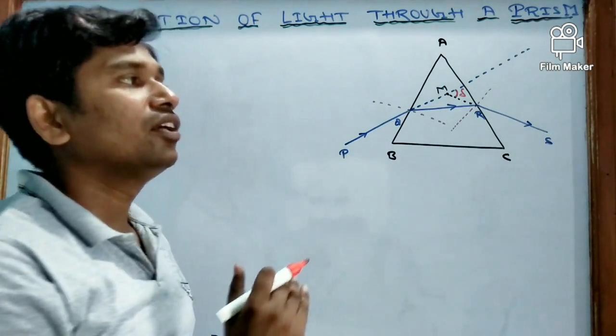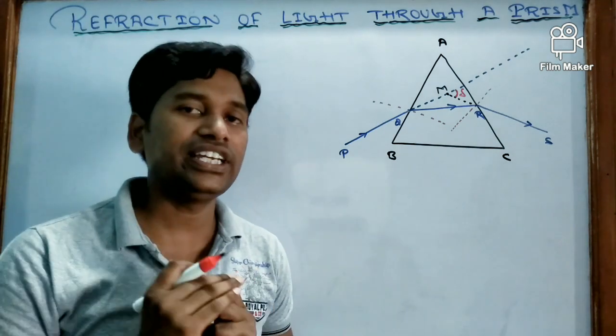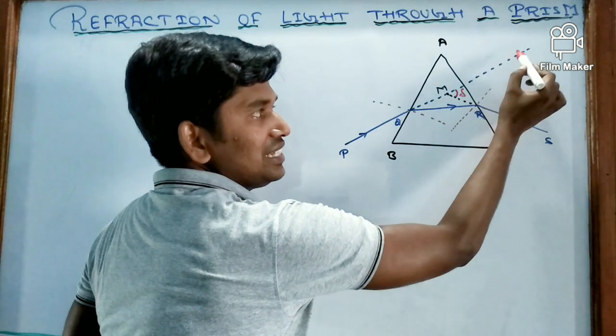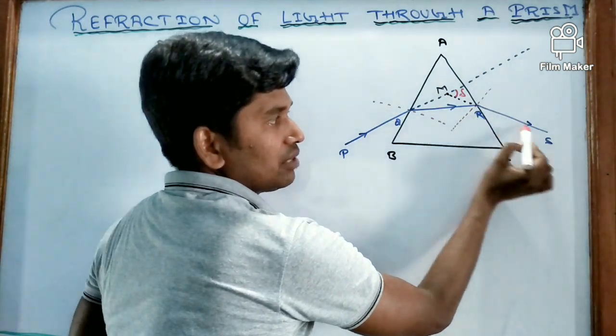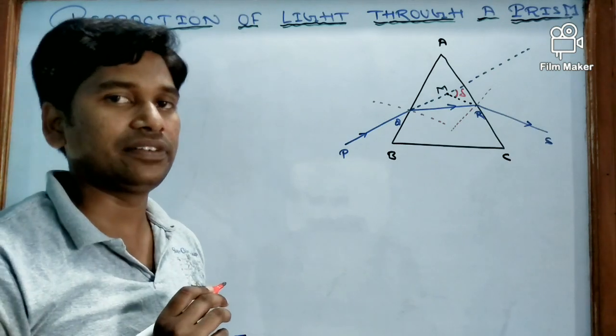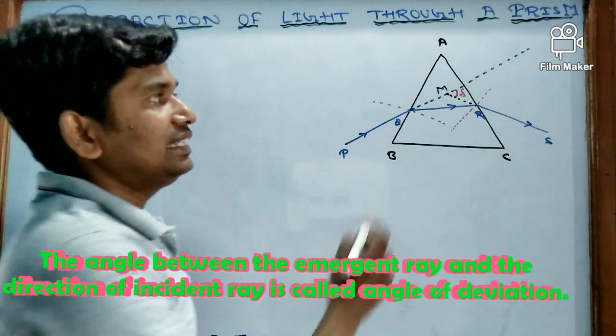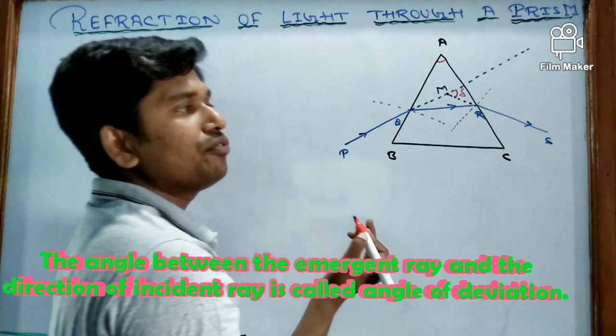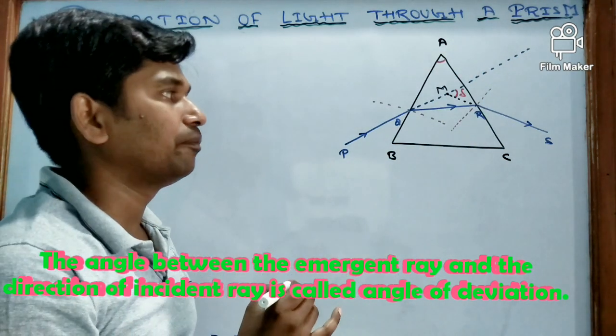Let us define the angle of deviation. The angle between the direction of the incident ray and the emergent ray is known as the angle of deviation. And this angle, angle A, is known as the angle of prism or prism angle.